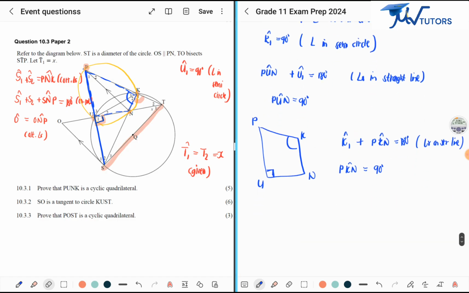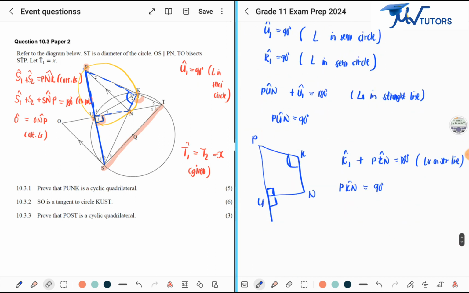Okay, so then I can go ahead and say, I can either say opposite angles are supplementary, or I could say external angle in a cyclic quad is equal to the interior opposite angle. So it's really up to you which one you use, but I wanted to go the external angle route, right?